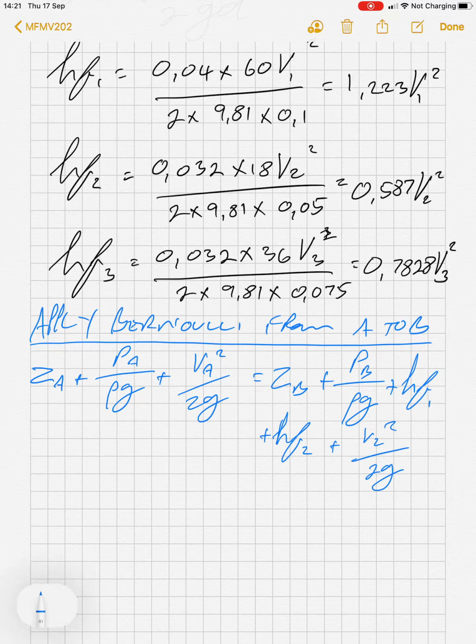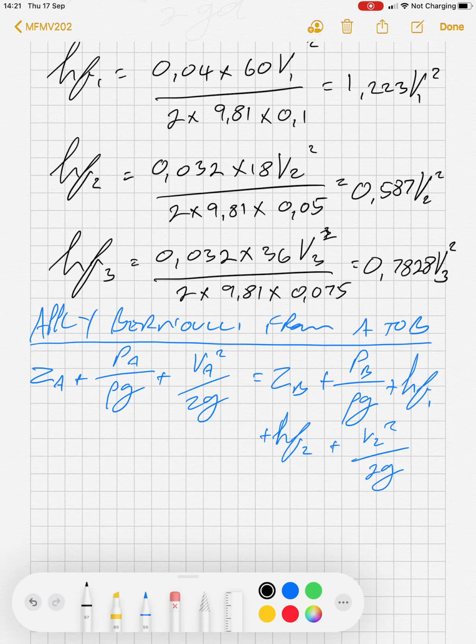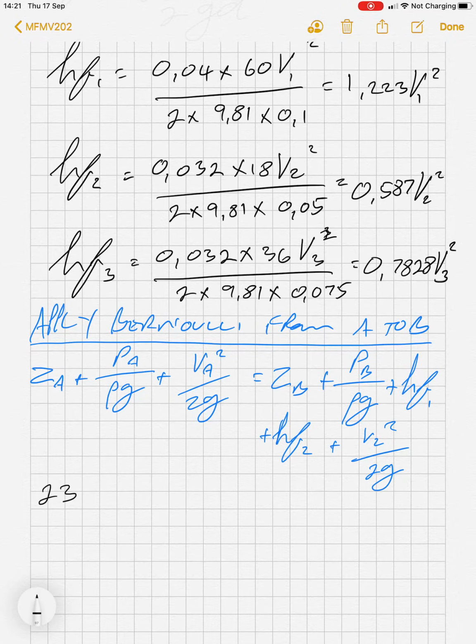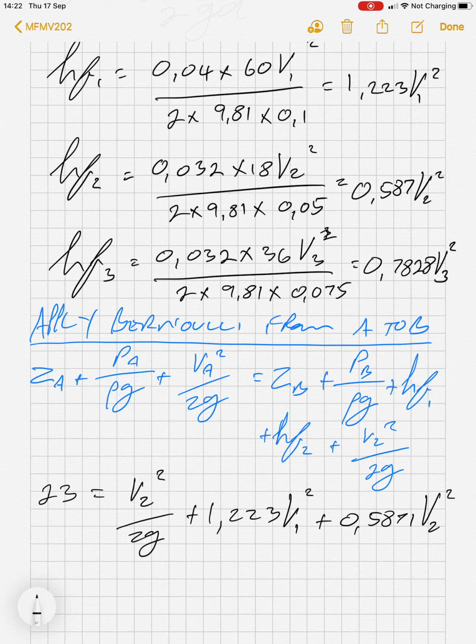Substituting, we get 23 meters is equal to V2 squared over 2g plus 1.223 V1 squared plus 0.5871 V2 squared.